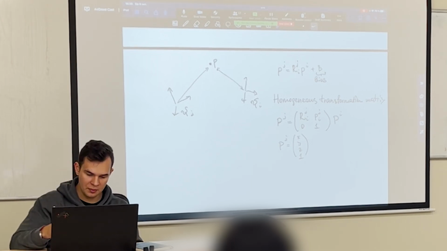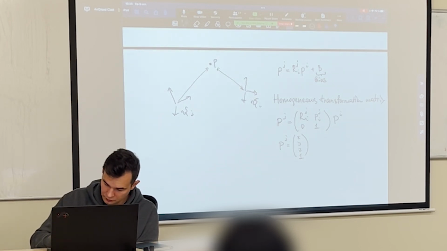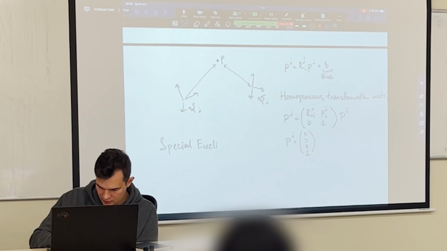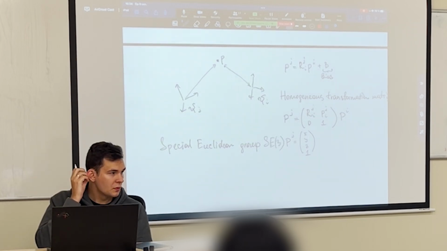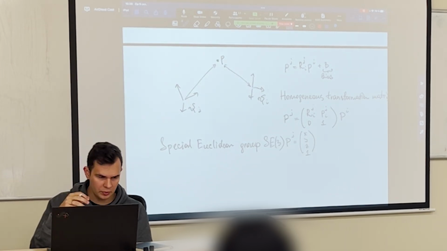It's also called the special Euclidean group, or SE3. 3 is for 3D; for motion in a 2D plane it will be SE2.